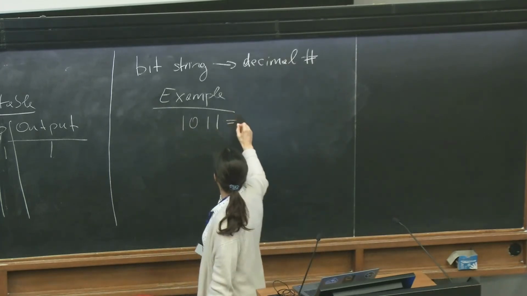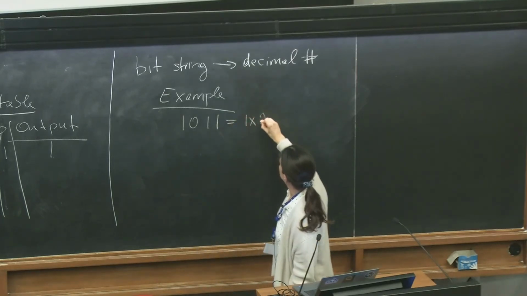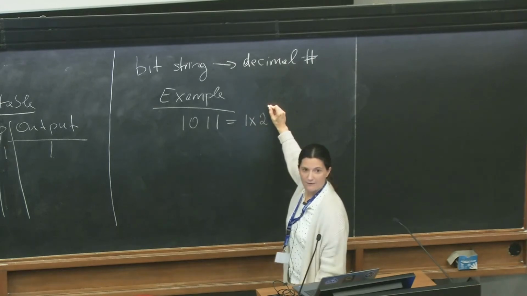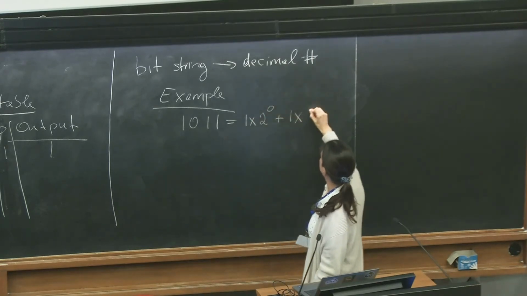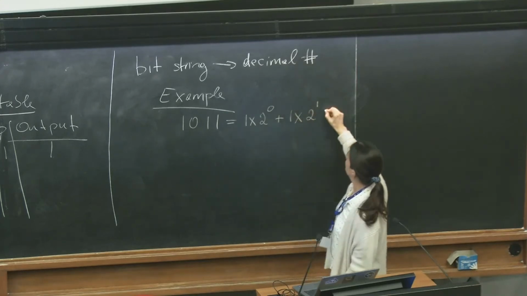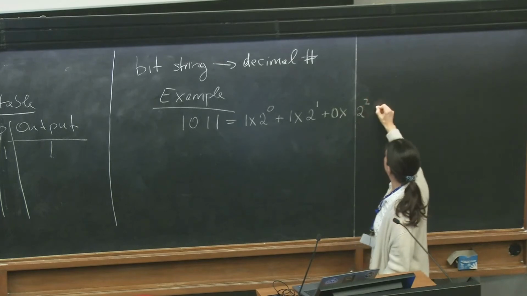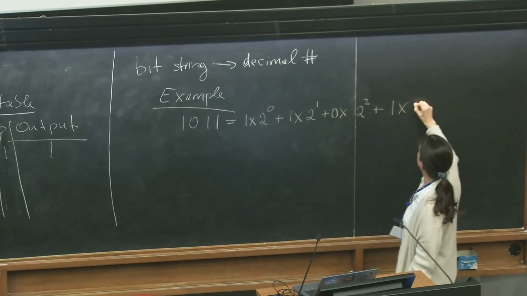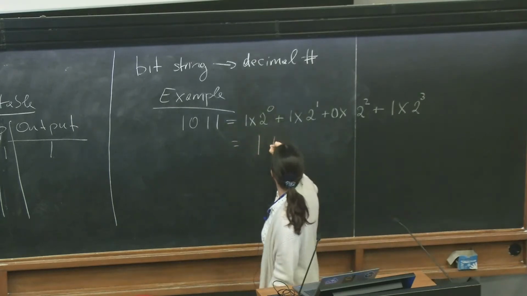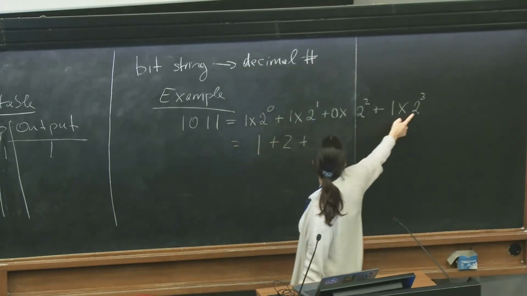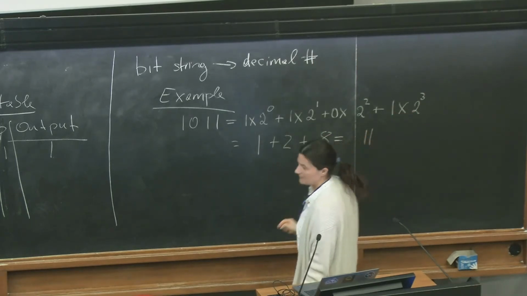So this would be 1 times 2 to the 0, plus 1 times 2 to the 1, plus 0 times 2 to the 2, plus 1 times 2 to the 3, right? So you have 1 plus 2 plus, what's this? 8, which gives you 11, right?